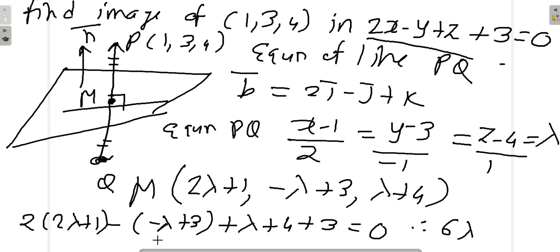And 2 minus 3, which is minus 1. Minus 1 plus 4 is 3, plus 3, that is 6. And that gives you lambda as minus 1. Right?